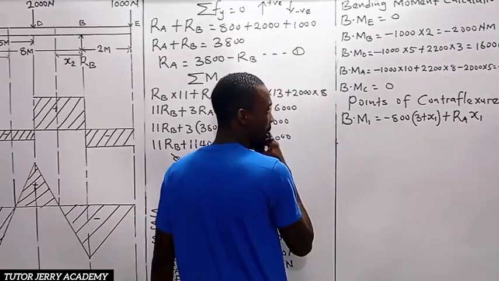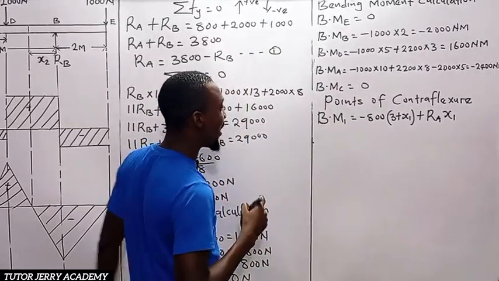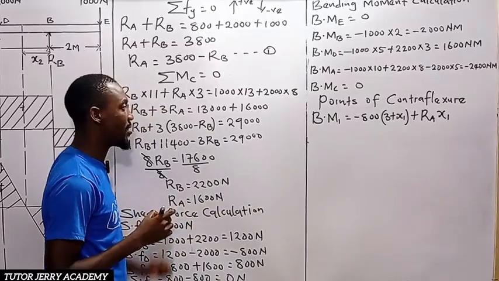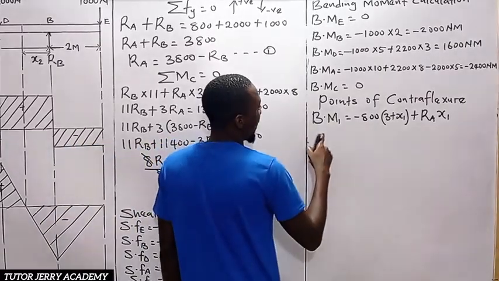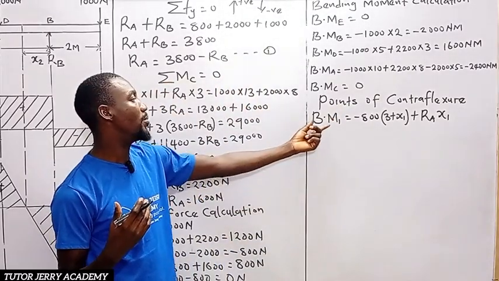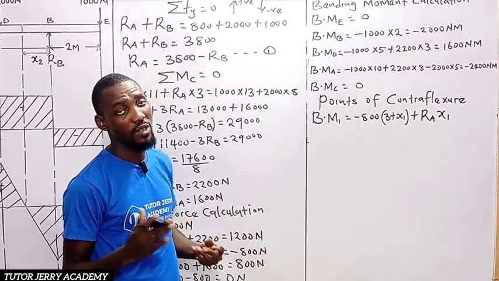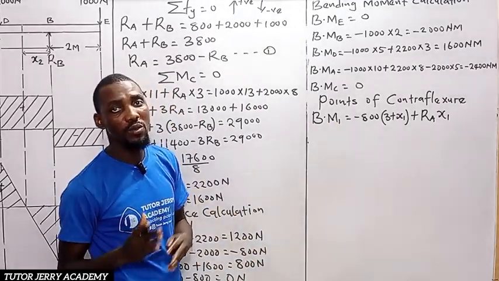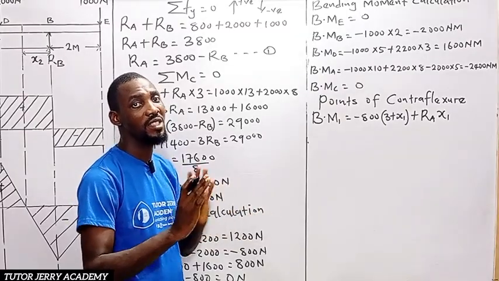But don't forget that our RA is 1600. For our point of contraflexure, our bending moment at this point 1 must be equal to 0, because we say the contraflexure point is the point where bending moment is equal to 0 as it changes its sign.